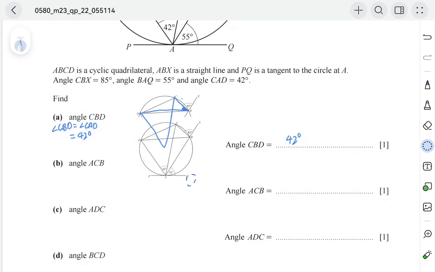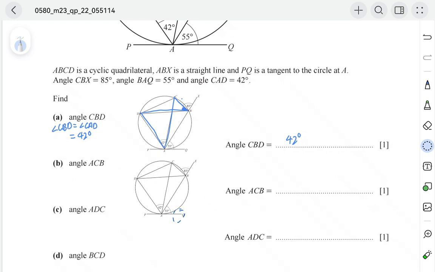Moving onwards to angle ACB. Angle ACB is up here, and that is actually using the alternate segment theorem. With the previous one, we used angles in the same segment.